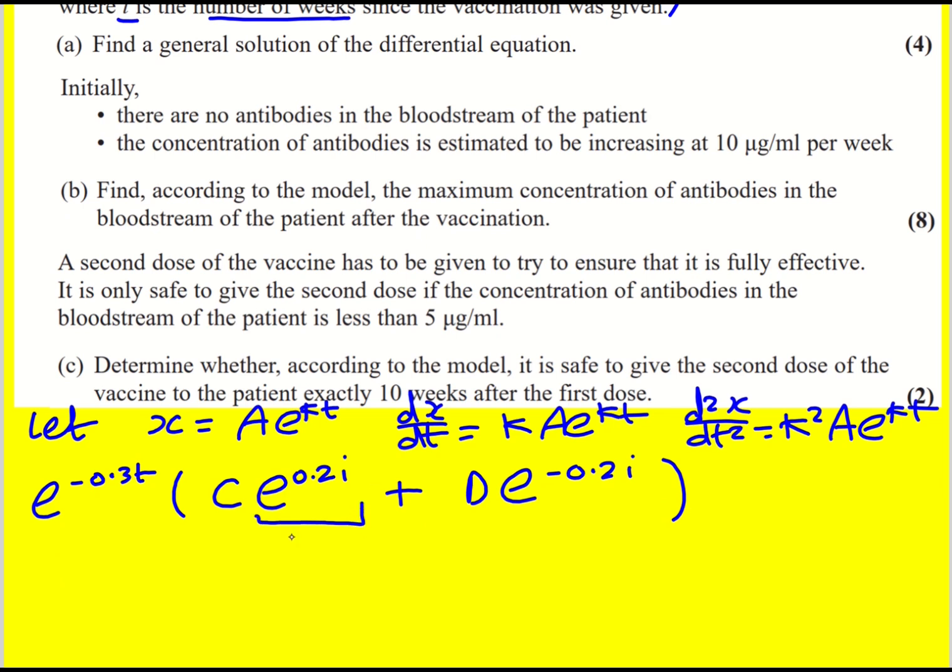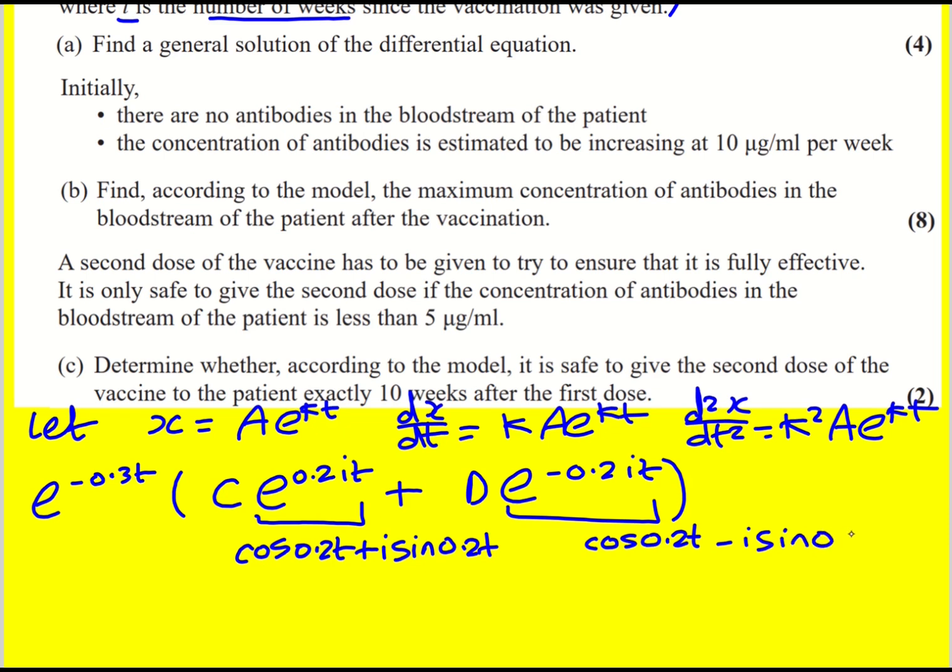So using Euler's relation, we can rewrite this as cos 0.2t plus i sine 0.2t for that one. And then this one is very similar: we'll get cos 0.2t plus i sine minus 0.2t, which is minus i sine 0.2t.